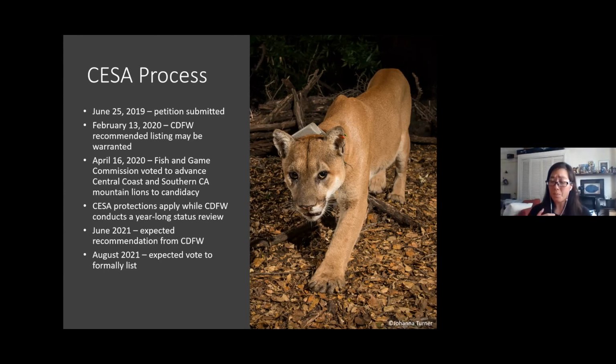And then we expect that in June of 2021, CDFW will publish their recommendation and provide it to the California Fish and Game Commission, who will then likely vote in August on whether or not to formally list these mountain lions under the California Endangered Species Act.